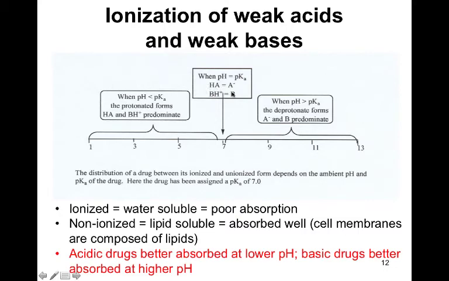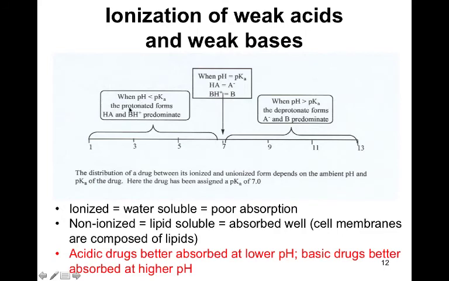On the other hand, if you have a weak base in a medium where the pH is less than the pKa of that weak base, it's always going to be predominantly in the protonated form. And likewise, it's exactly opposite on the right hand side, or when the pH is greater than pKa. When the pH is greater than pKa, the deprotonated forms predominate.